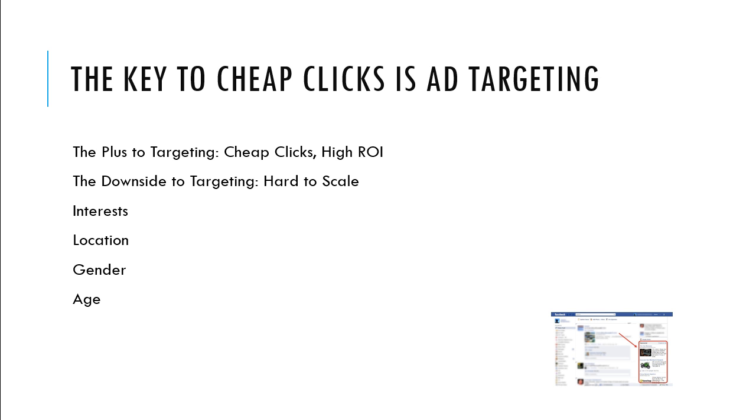Age. Okay, age. Now, in the beginning, when you start to look at age, and we'll talk about this in one of the later videos, you're not necessarily going to want to limit too much where you're targeting age. You want to find out first. You're going to get a report from Facebook that'll tell you who's clicking your ad, and then that's when you'll start to come back to re-optimize your targeting, and you might shut off some of the age groups where people are not clicking your ads.